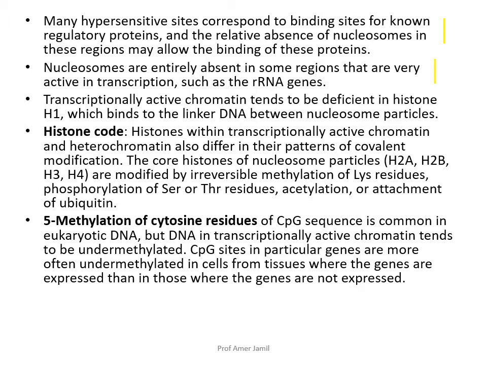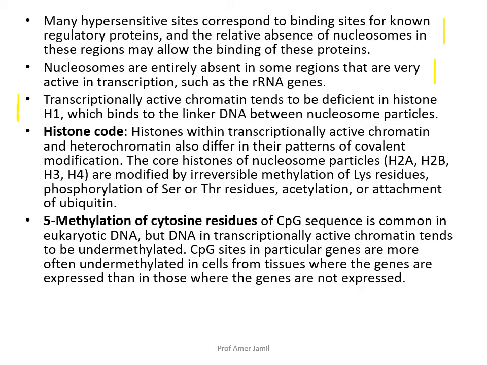And transcriptionally active chromatin tends to be deficient in histone H1, which binds to the linker DNA. There are four types of histone molecules: H2A, H2B, H3, and H4. Two molecules of each make this nucleosome.